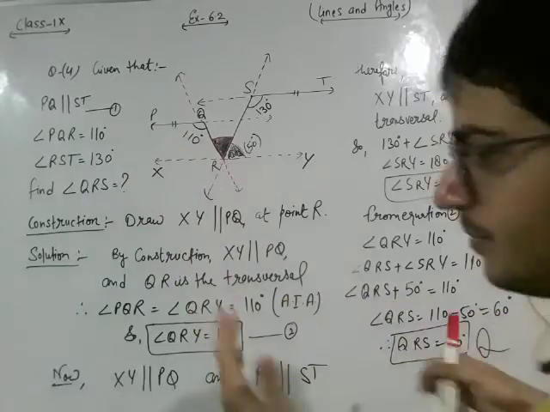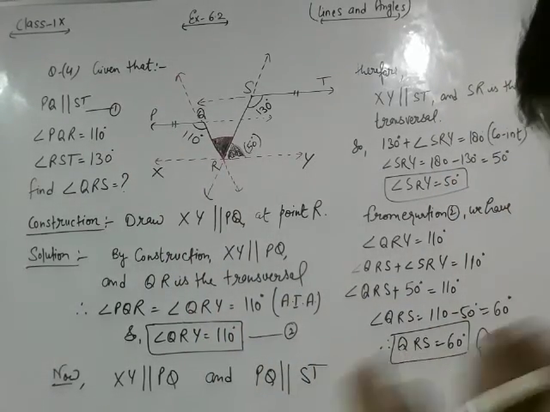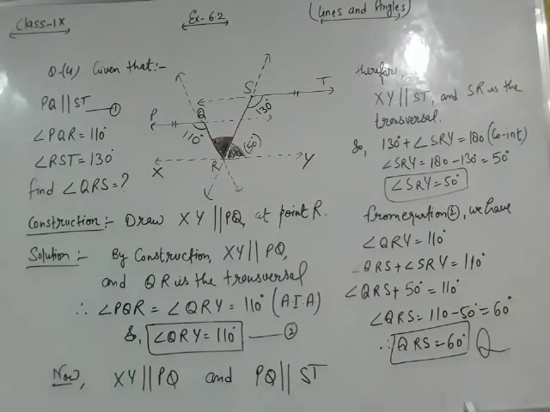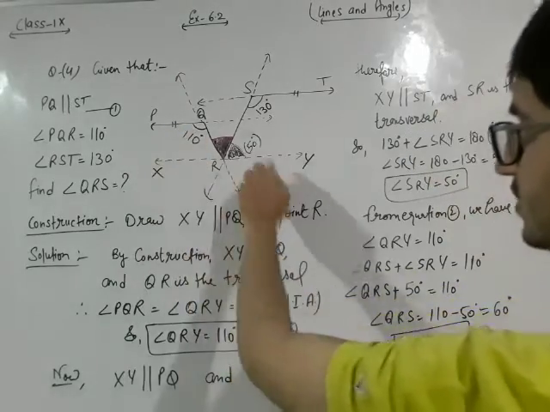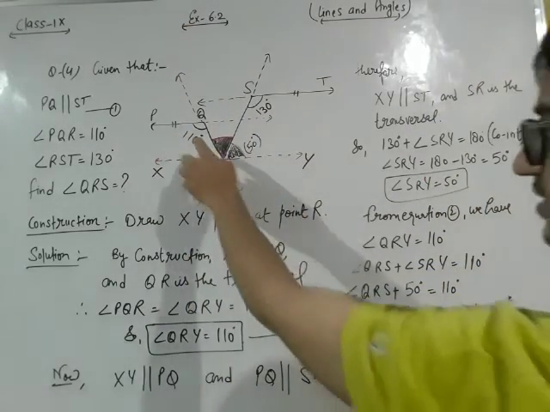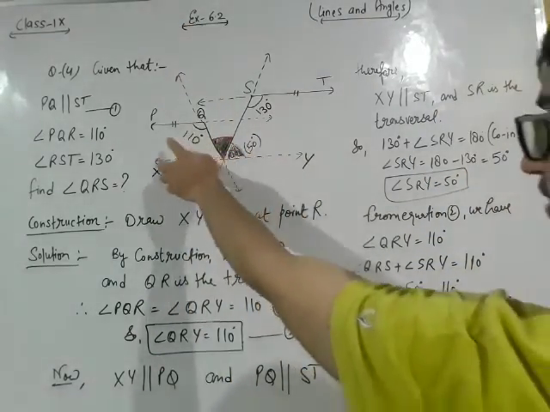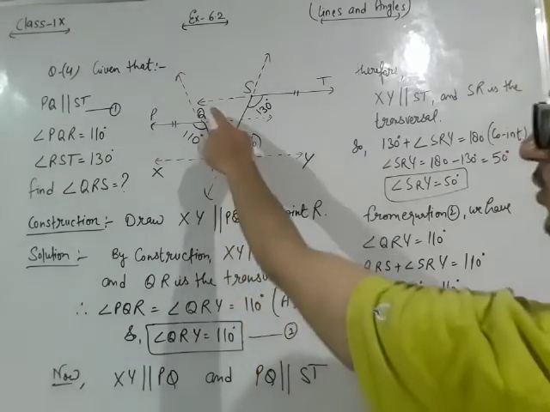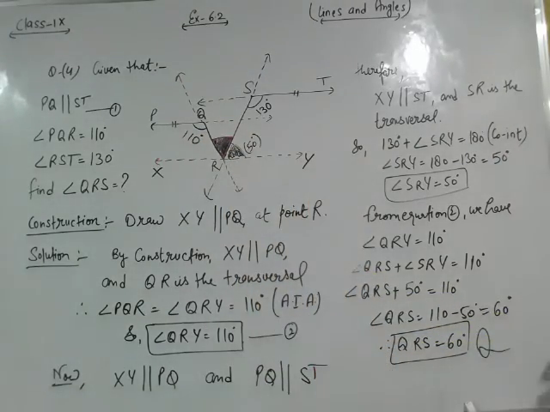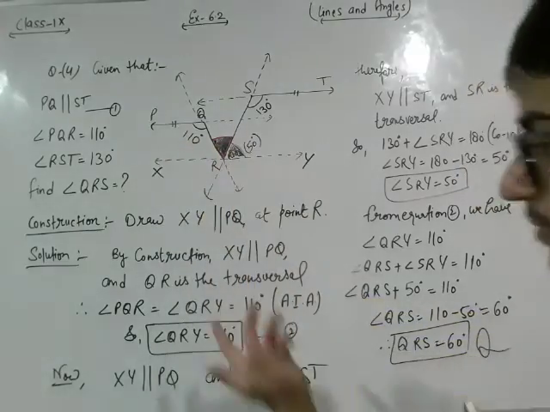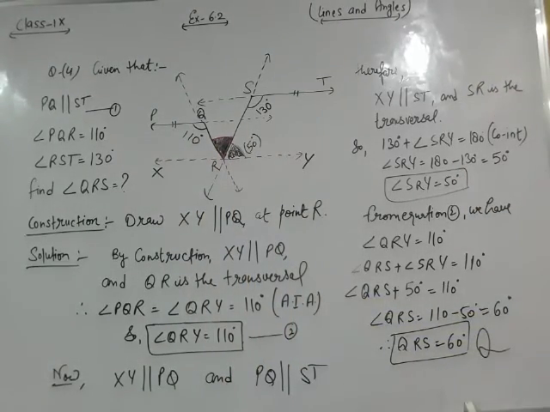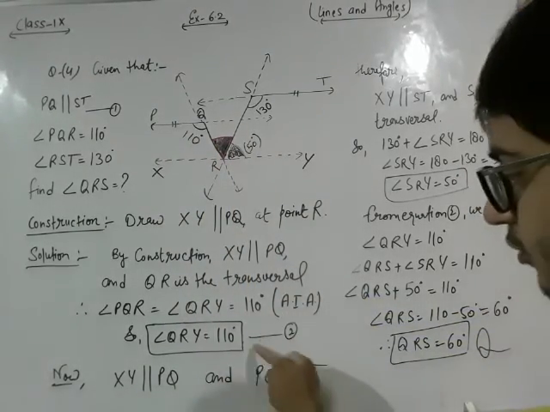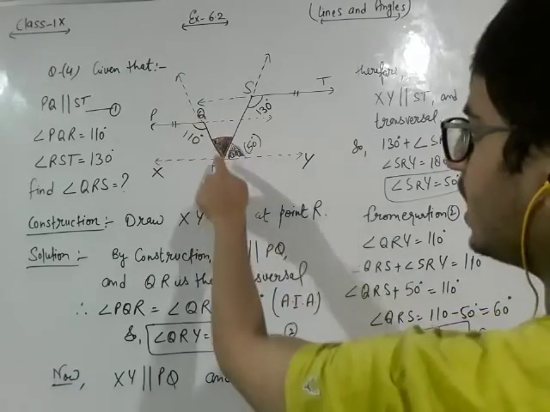Now we have applied the property of parallel lines and transversal. PQ is parallel to XY and QR is the transversal. Therefore this angle 110, angle PQR will be equal to angle QRY, because these two angles form a pair of alternate interior angles. Therefore QRY is equal to 110.